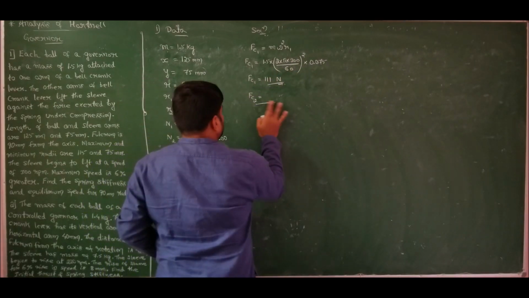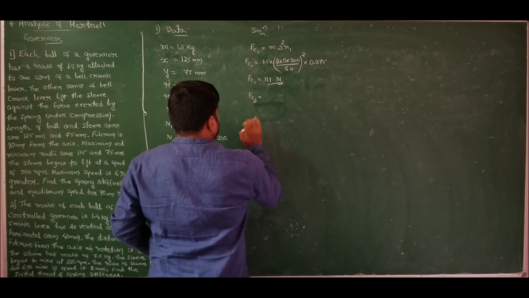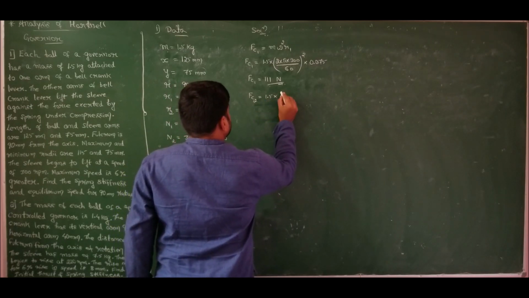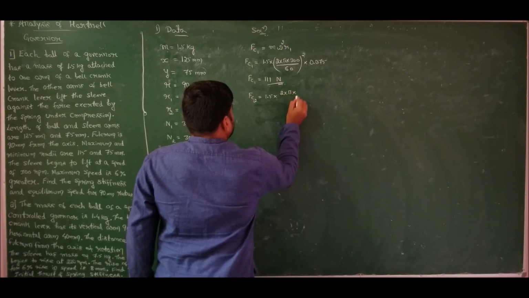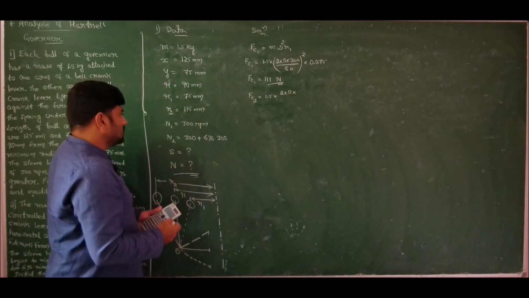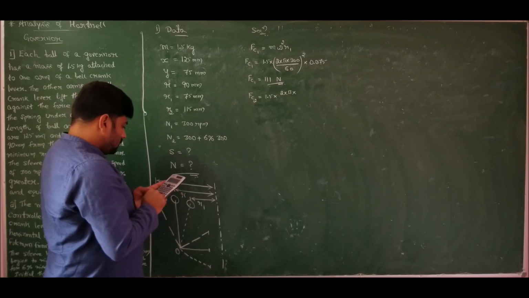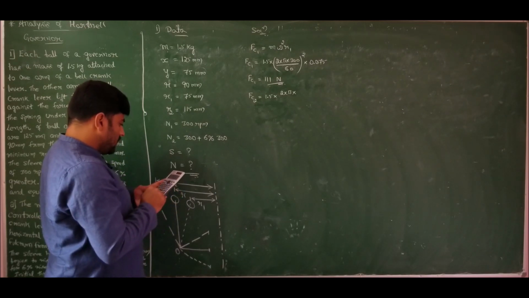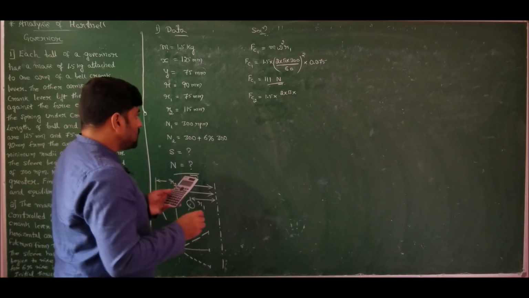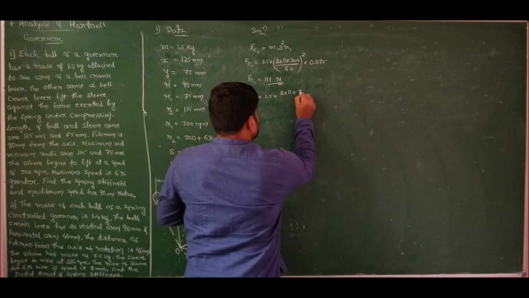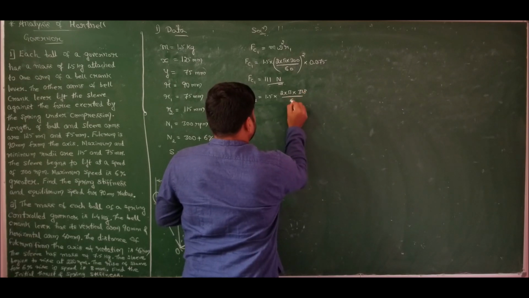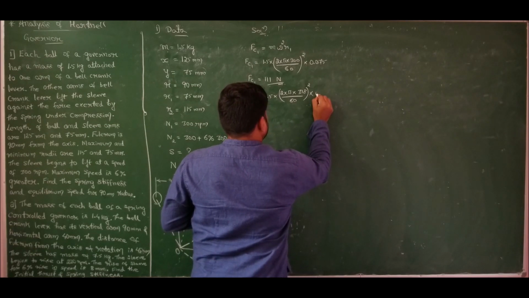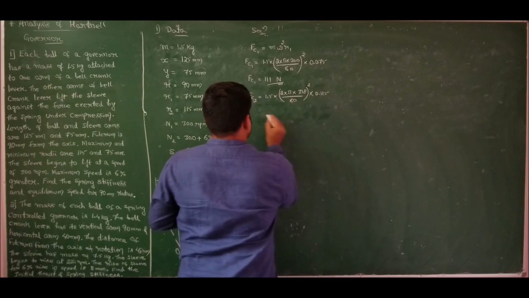Similarly, to calculate FC2, the only change is to substitute N2 and R2. Let me substitute and solve to avoid confusion. It is 1.5 times 2 pi times N2, where N2 is 300 plus 6% of 300, which is 318, divided by 60, whole square, into radius R2, which is 0.115.